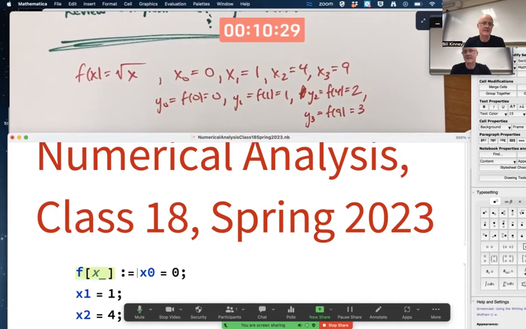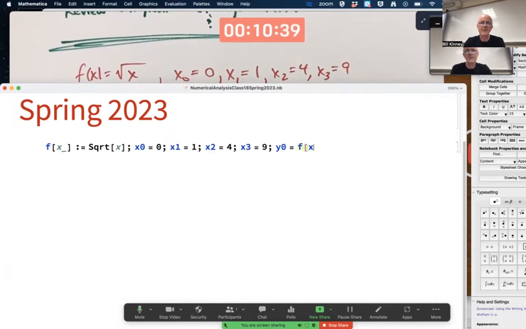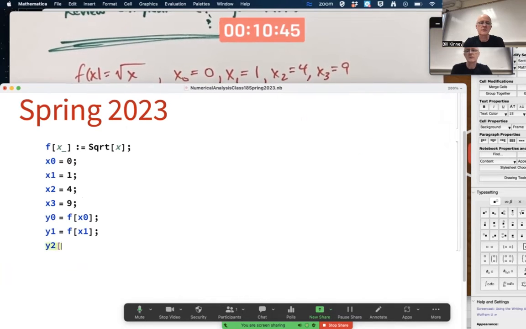F of x is the square root of x. Y0 is going to be f of x0. Y1 is going to be f of x1. Y2 is going to be f of x2. And Y3 is going to be f of x3. So those are all entered.